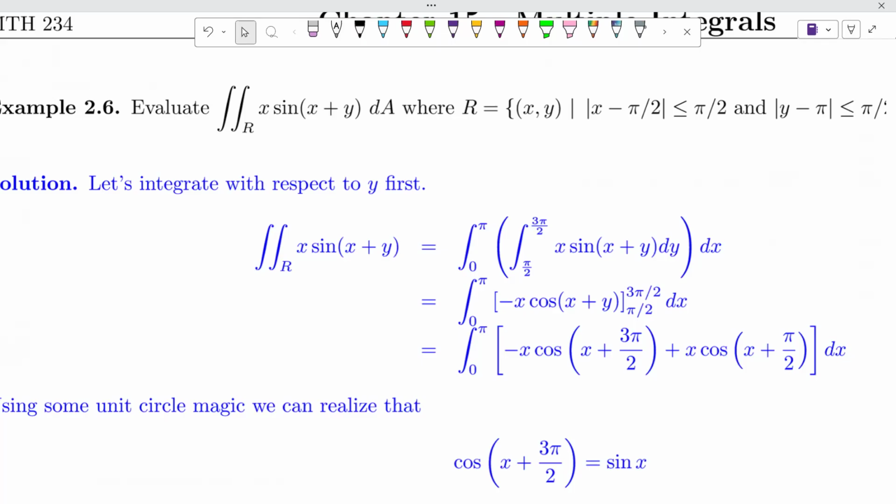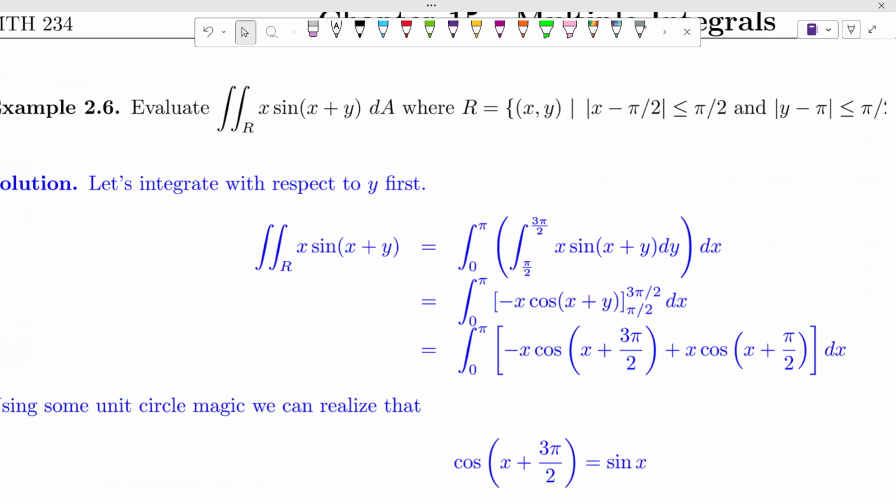So I could break that thing apart, and then I'd have a sum of two separable functions, and I could evaluate two double integrals that way if I wanted to go through that work, which I don't think is what we did here. In fact, I know it's not what we did here because I've looked at this one already. But we're going to treat this thing as non-separable, meaning I've got to integrate this thing in order.